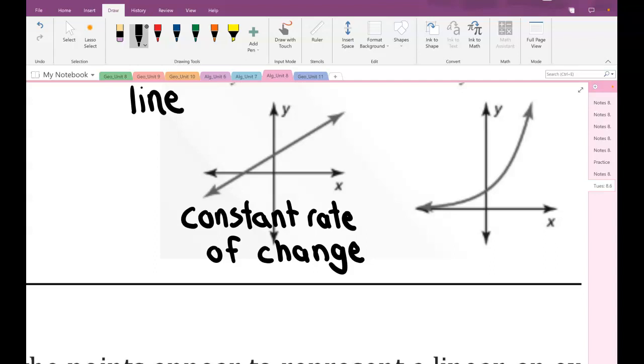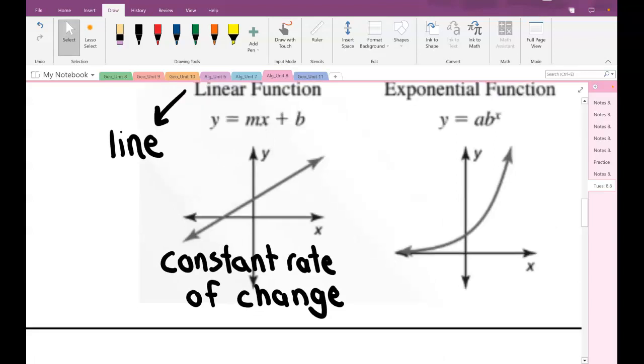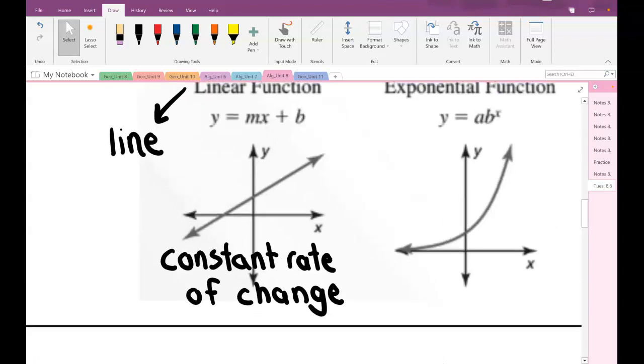Constant rate of change means it's going up and over the same amount each time. For example, we could have a constant rate of change of 2, meaning our outputs, our y values, are going plus 2 each time. So plus 2, plus 2, plus 2. That's what a line is. Constant rate of change means you're always adding the same amount each time.